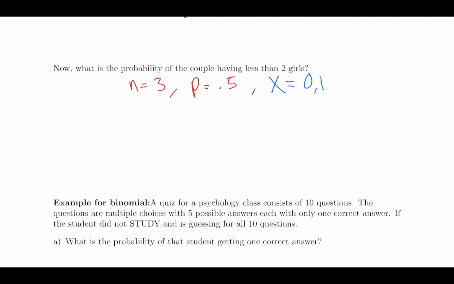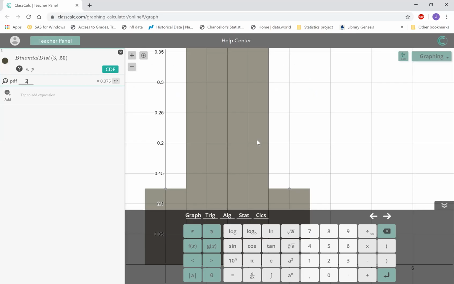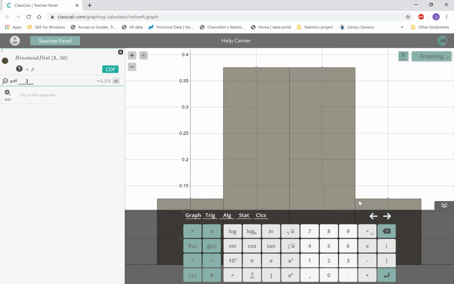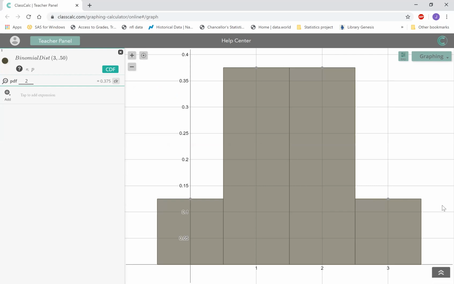And it totally depends on you which approach you want to take. Everybody see class calc so far? Yes. Cool. Thank you, Samantha.